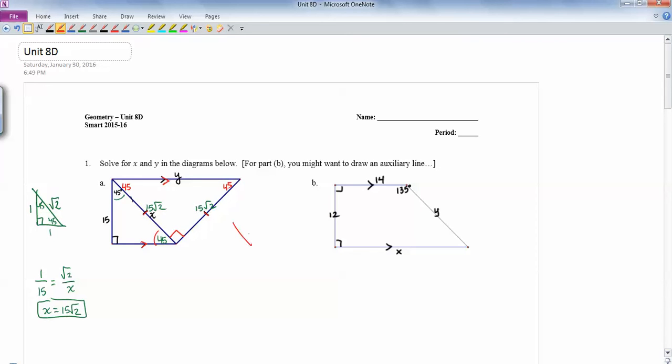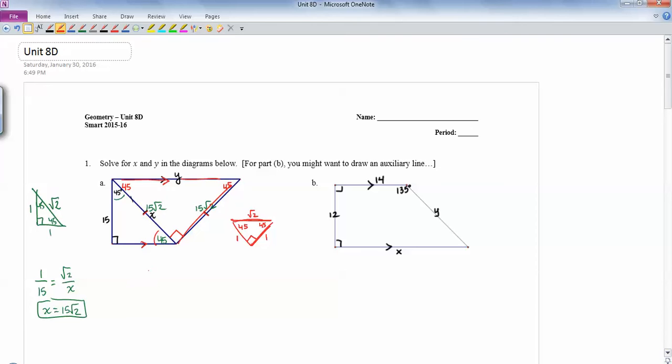So if I draw another 45, 45, 90 triangle down here, here's my right angle. There's 45 and 45. The basic one is 1, 1, and root 2. So now I can set up a new proportion. The 15 root 2 right here goes with the 1 right there, the same way that the y goes with the root 2.